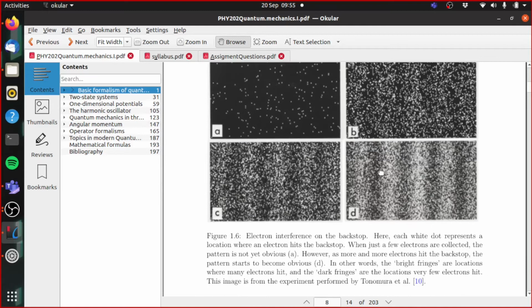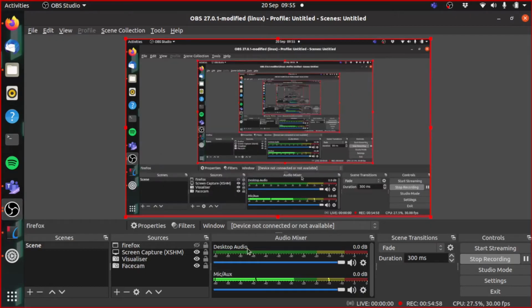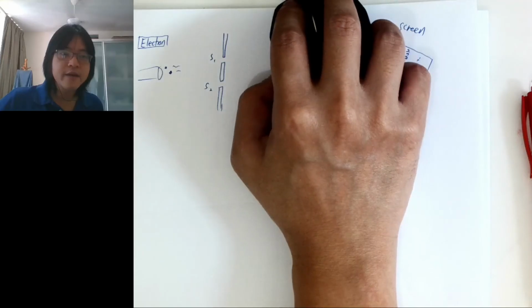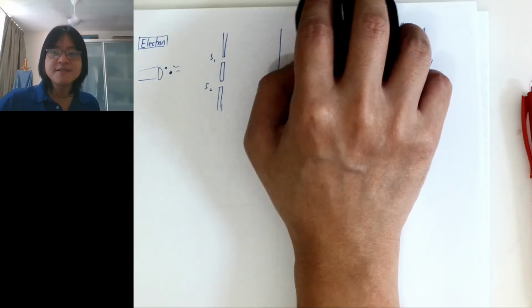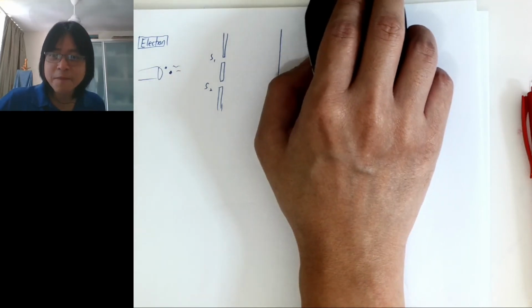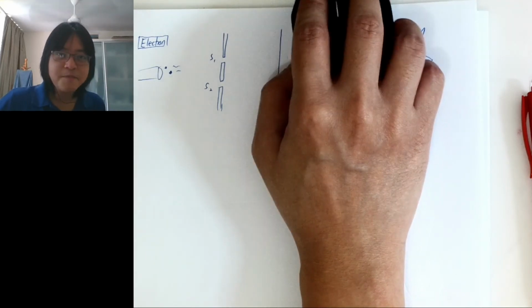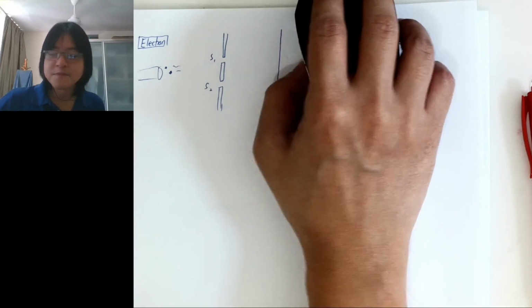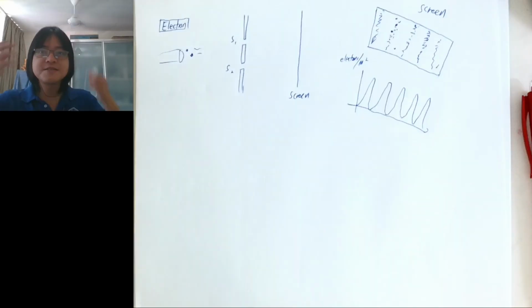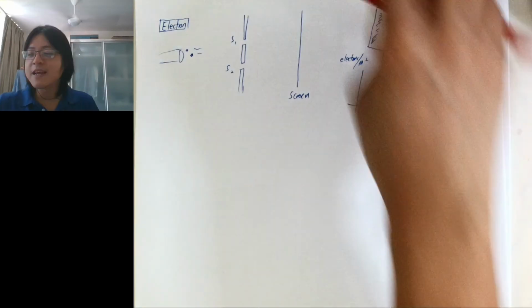After a long time, they start to observe this pattern, rather than the John Wick shooting randomly at the screen kind of pattern. Okay, so that is the strange thing, right? So that is the thing about the electrons.